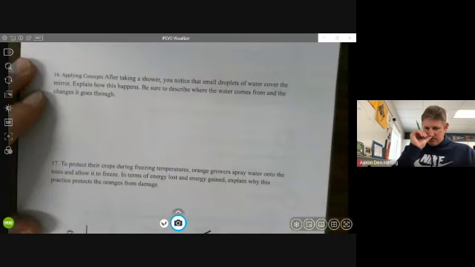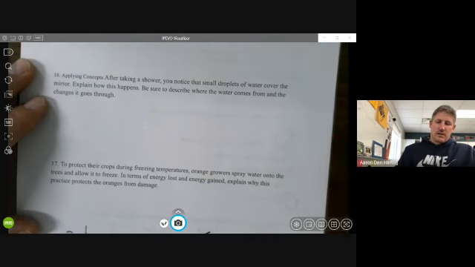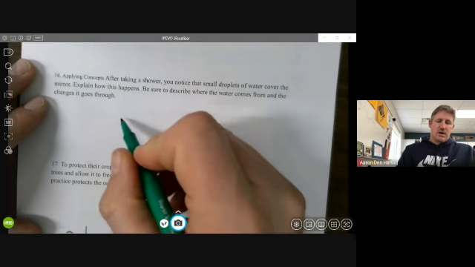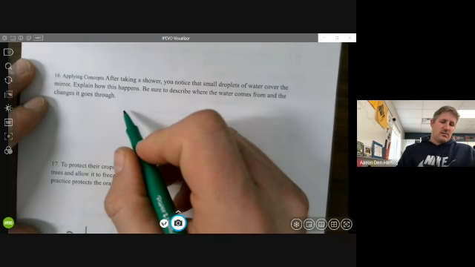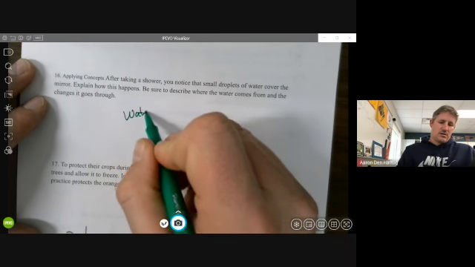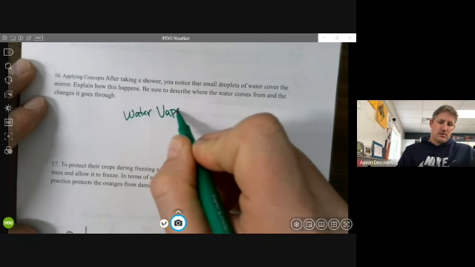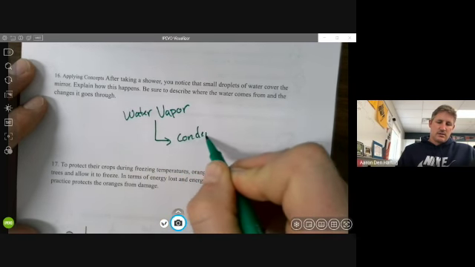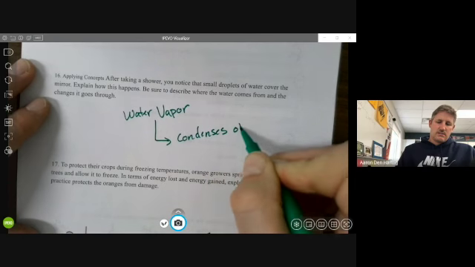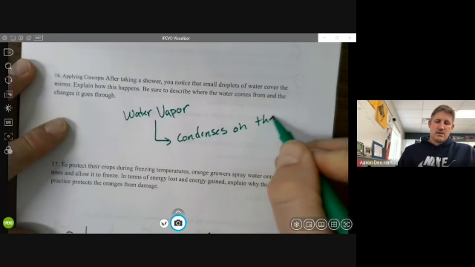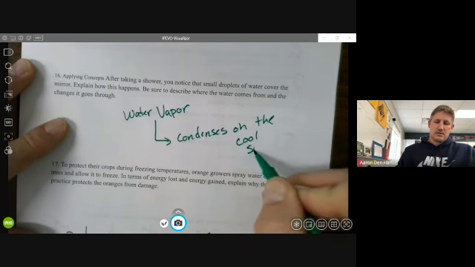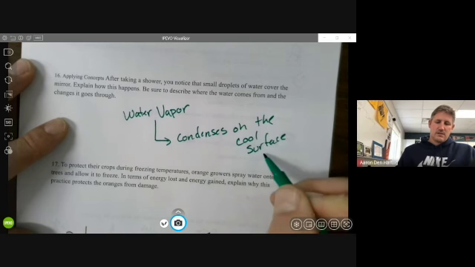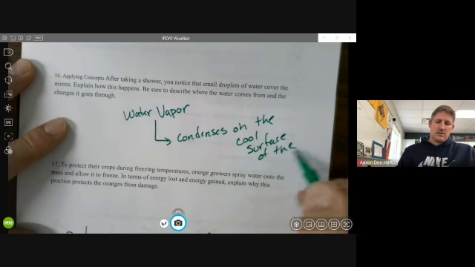Let's take a look at 16. After taking a shower, you notice small droplets of water cover the mirror. Explain how this happens. Be sure to describe where the water comes from and what kind of change it goes through. Well, water droplets come from our water vapor, and it condenses on the cool surface of the mirror.